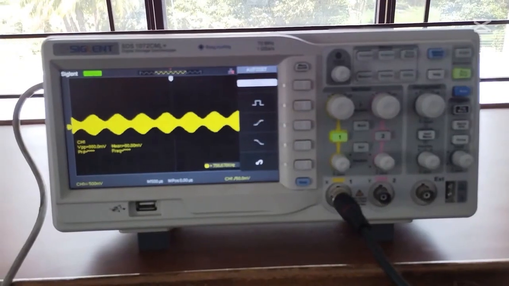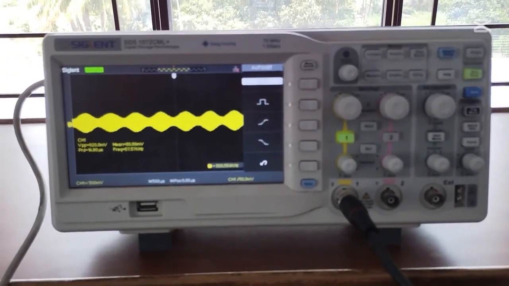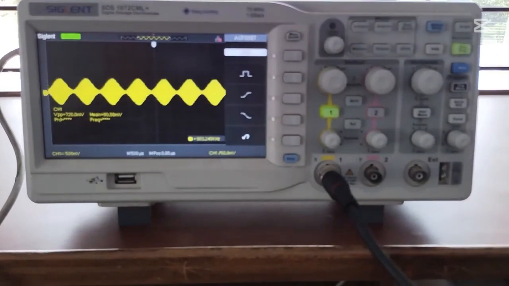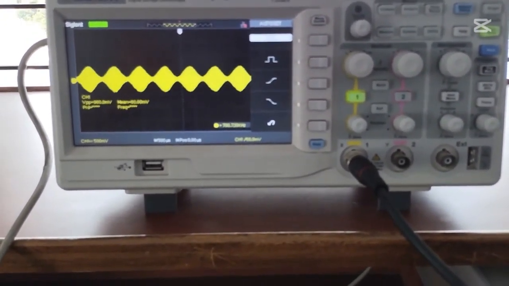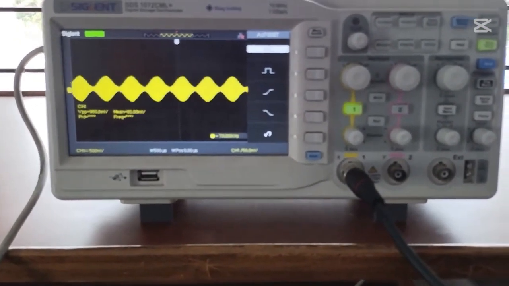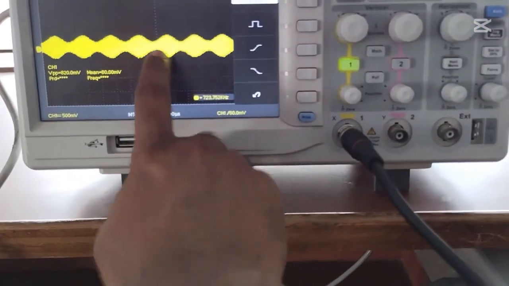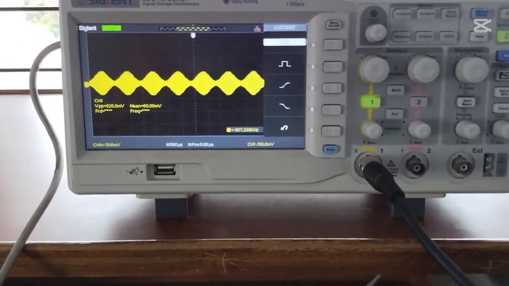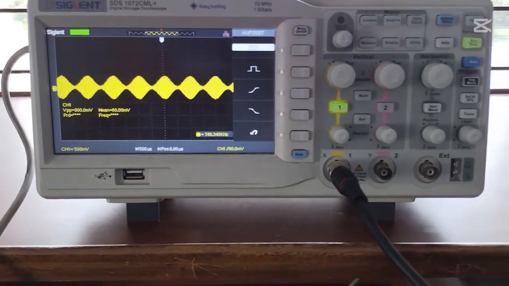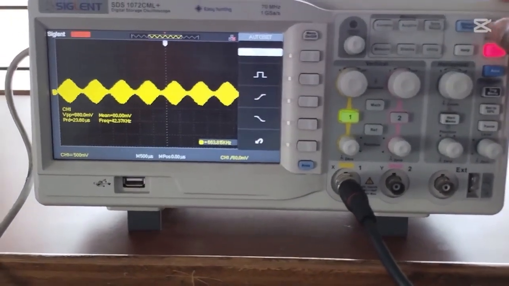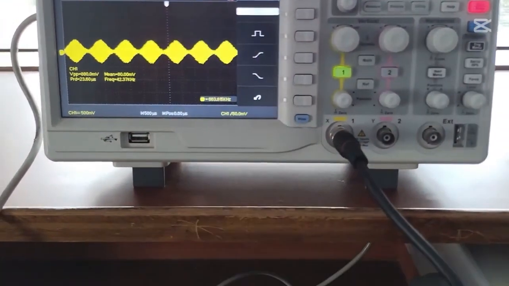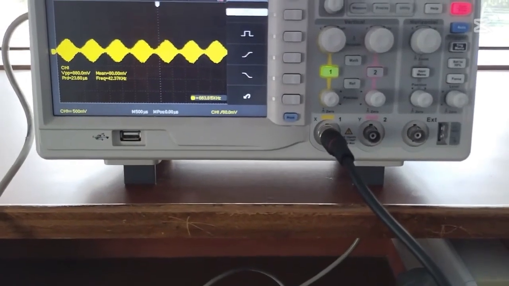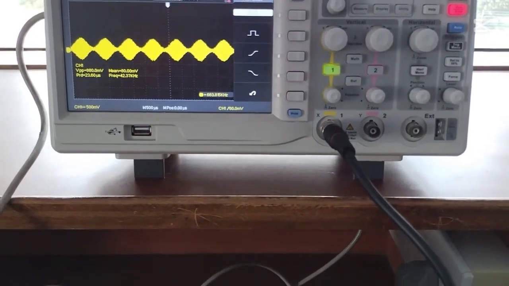Anyway, this was the modulated signal, and you can see that this type of modulated signal looks like a double sideband suppressed carrier, because here we have some very low gaps in between and high amplitudes, so it looks like a double sideband suppressed carrier.